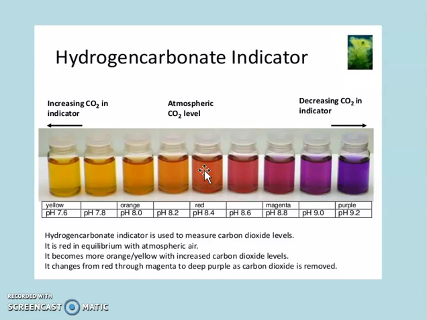Now, it'll still be doing respiration, but if you shine a bright light, it'll be doing more photosynthesis than respiration, which means that overall, you're going to decrease the carbon dioxide levels in here because you're going to take in the carbon dioxide for photosynthesis. And that's going to cause, again, the indicator to change color, and it's going to become more alkaline this time because of the decrease in carbon dioxide. So there's less carbonic acid in solution.